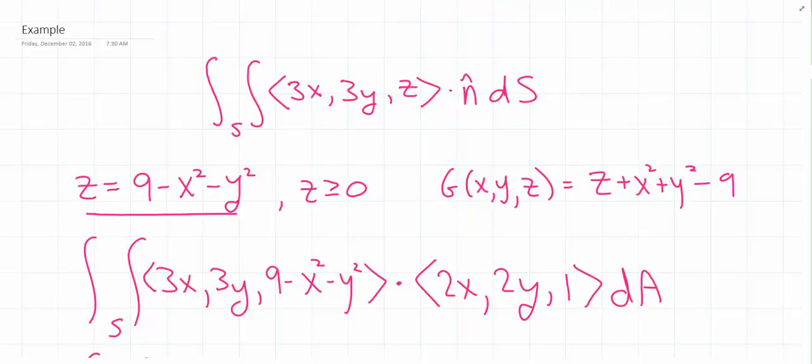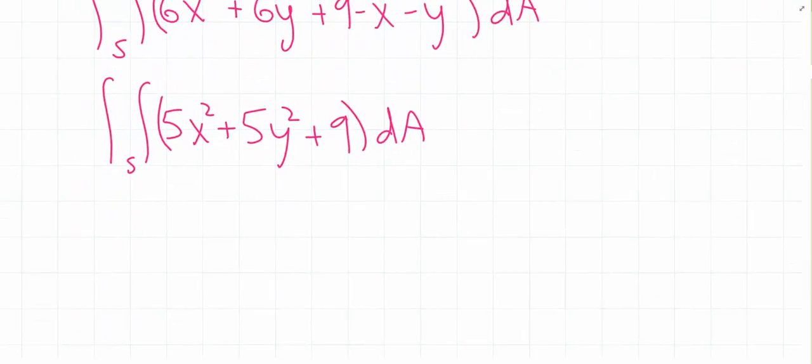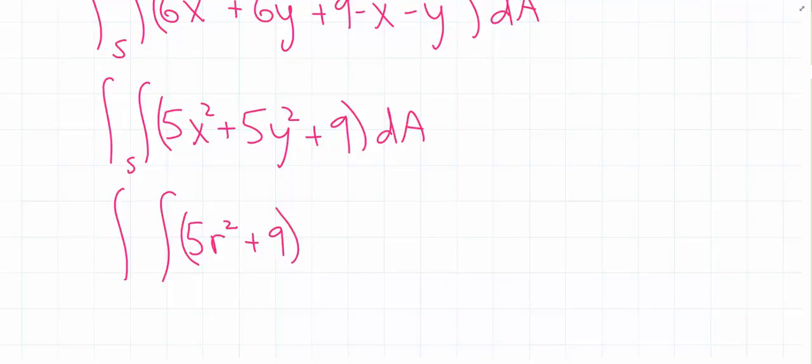So that tells me right away that my best course of action is to view it in polar coordinates. So here I go. I've got 5r squared, because x squared plus y squared is r squared, plus 9. Then I've got to do an r dr d theta. You always have to have the r dr when you're working with polar.